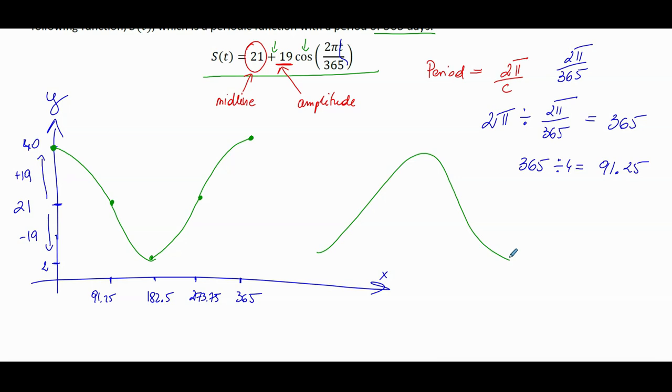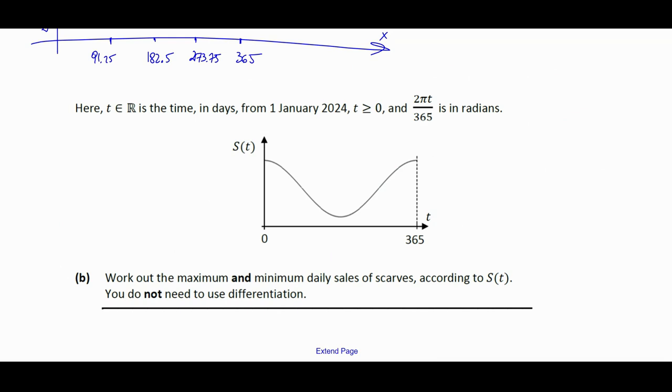Now, because we do have a small graph there, let's answer that part of the question. This is the graph that is given to us in the question. Like we said, the top one here is 40, the bottom one is 2, and the middle is 21, and that is 365. They are all equal lengths. So what do we need to do?